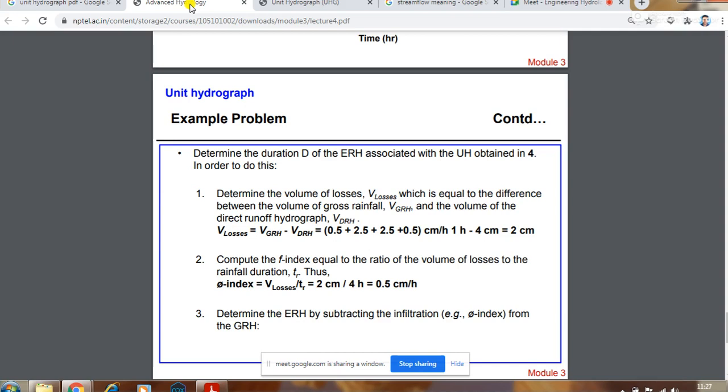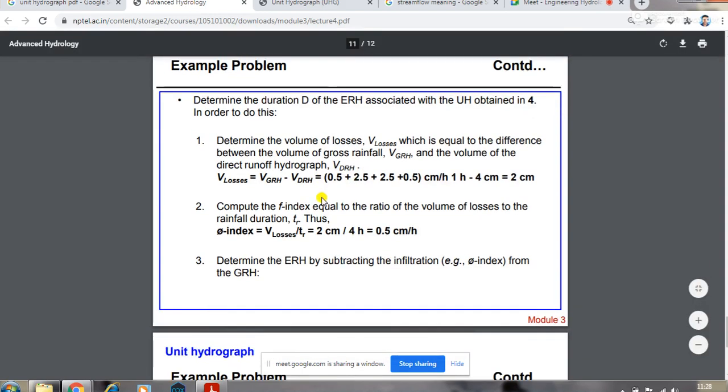Effective runoff hydrograph can be determined by subtracting the infiltration or phi index from the gross rainfall hydrograph. The gross rainfall hydrograph was 6 centimeter per hour minus this phi index, 0.5 centimeter per hour, so it will be 5.5 centimeter per hour.